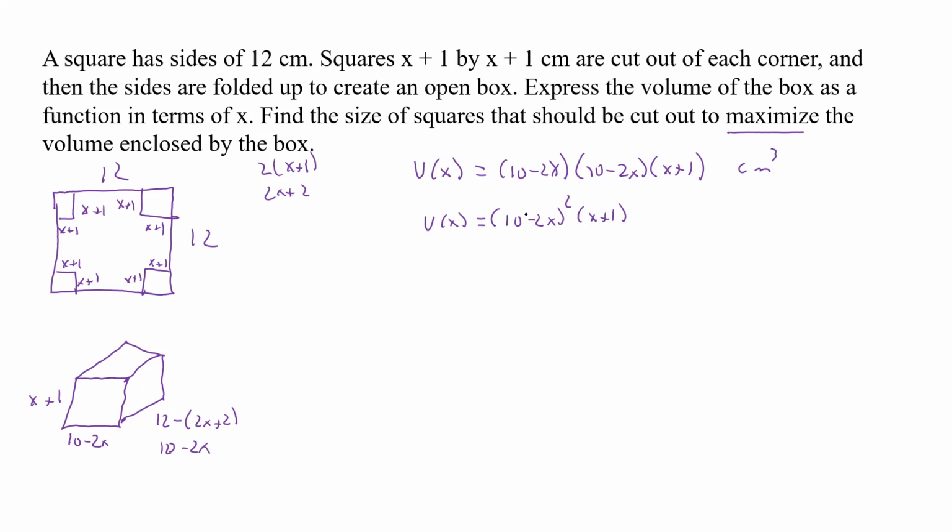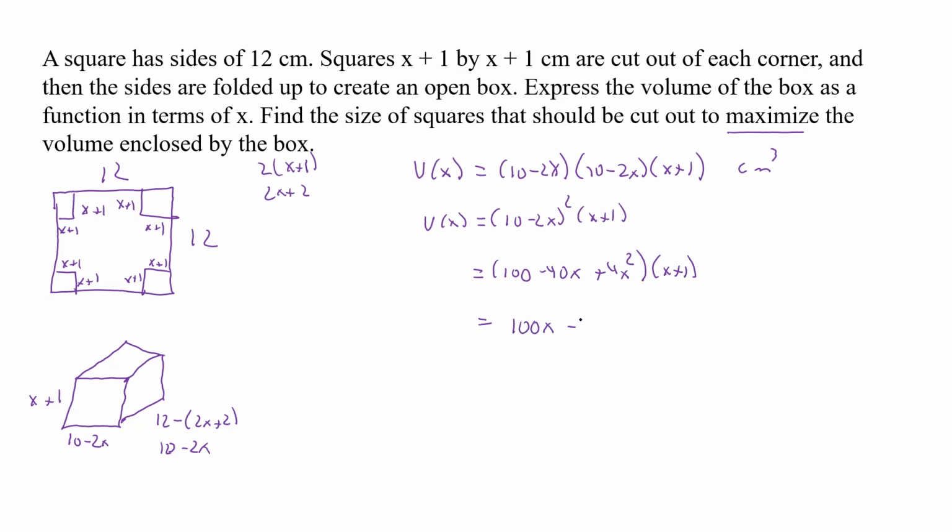Now what we have to do is multiply everything out and get our final volume function. So 10 squared is going to give us 100, 10 times 2 is going to be minus 20, times 2 is going to be minus 40x, and then plus 4x squared, and then times x plus 1. So now we'll have x times 100, so that's 100x.